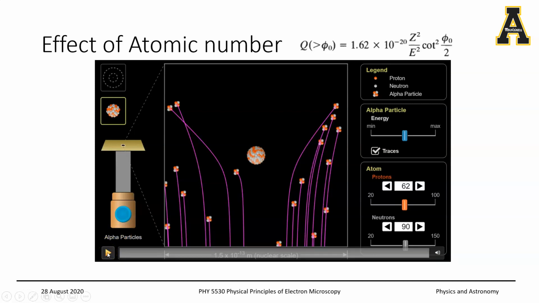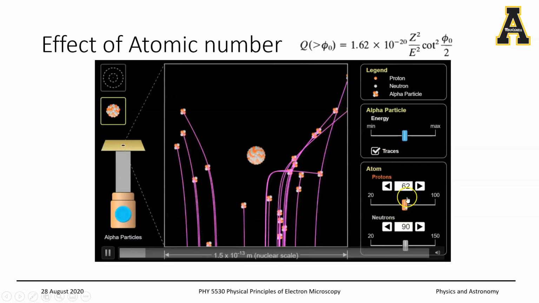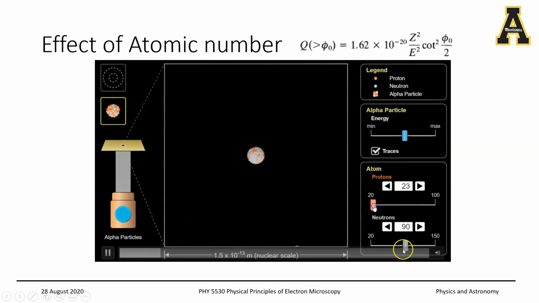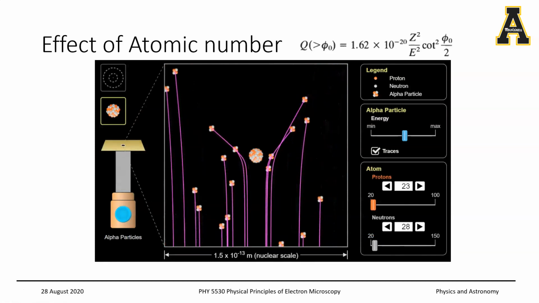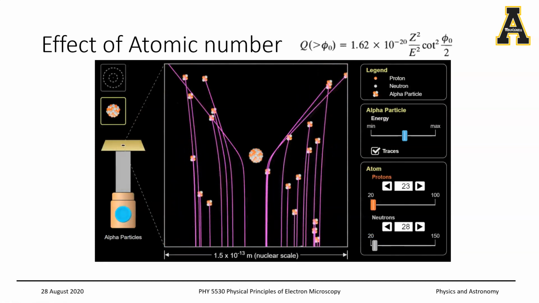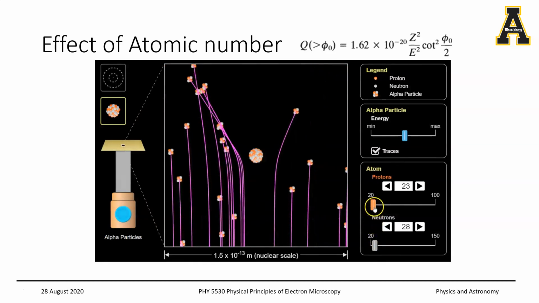Pay close attention to this. So at this moment, you have an intermediate number of protons and neutrons. Now, as I'm decreasing this, which basically means that this is a light element, right? The nucleus has less electrostatic force field. So the electrons are getting closer to the nucleus before they get elastically scattered.